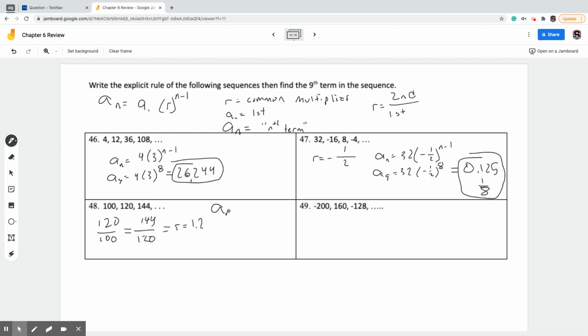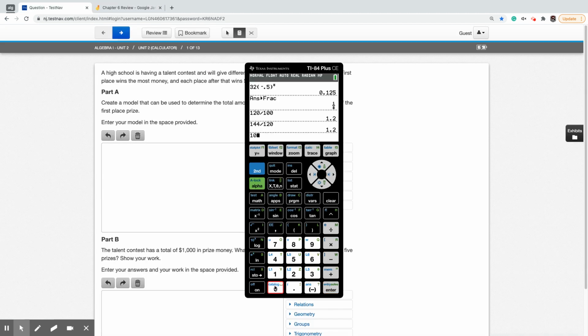So a sub n is equal to my first one times 1.2 raised to n minus 1. My 9th one is, if I raise it to 9 minus 1, 8. So 100 times 1.2 to the 8.